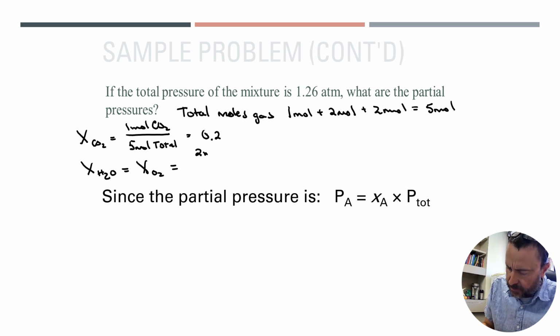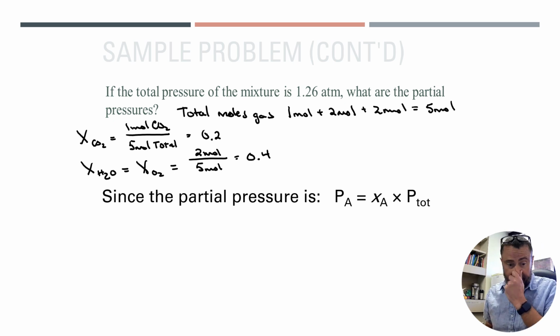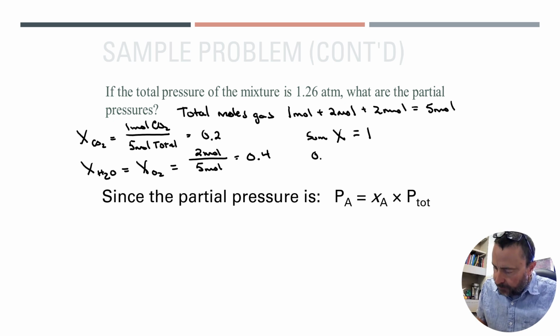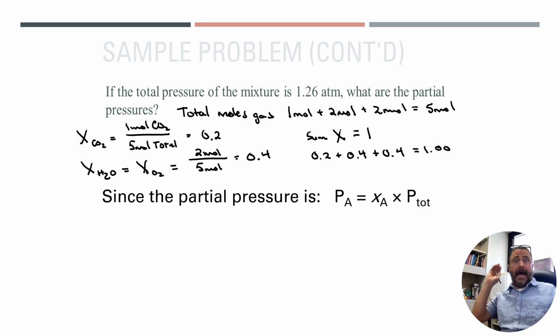Those are 2 moles of them divided by 5 moles total, which is 0.4. I want to point out that the sum of the mole fractions should equal 1. 0.2 plus 0.4 plus 0.4 is 1. They add up to being 1. It's kind of like the sum of percentages should equal 100%. Same idea here. They have to equal 1.